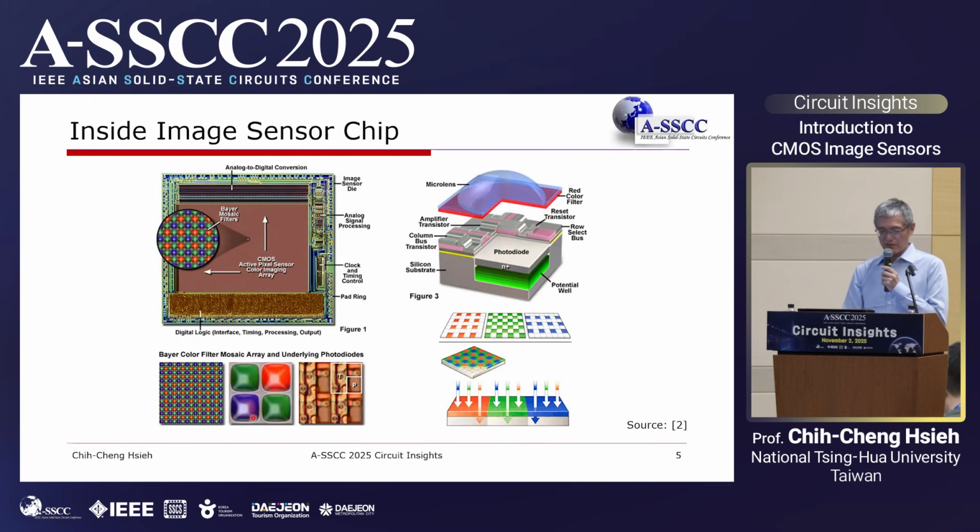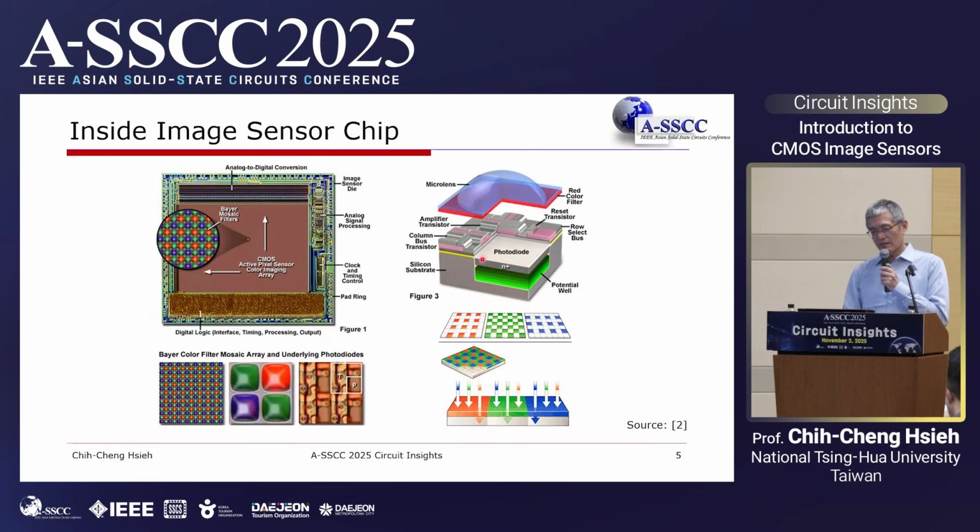Usually the color filter uses a so-called Bayer pattern to separate the light energy into blue, green, and red. I think you all learned in physics that these three colors are the fundamental combination of every color. So the purpose is to divide the different colors and project them to different pixels, and each pixel takes care of a different color. After that, it does some post-processing to recover the final required information.